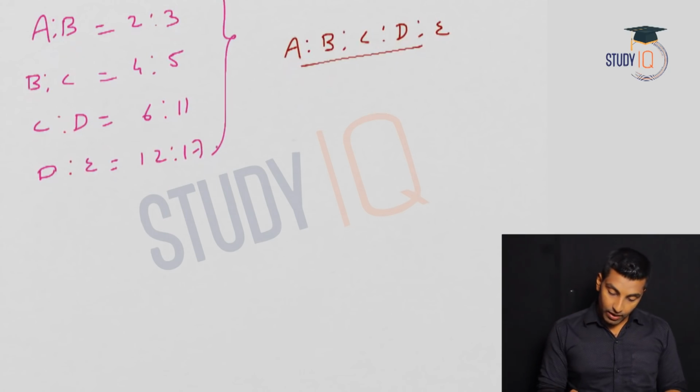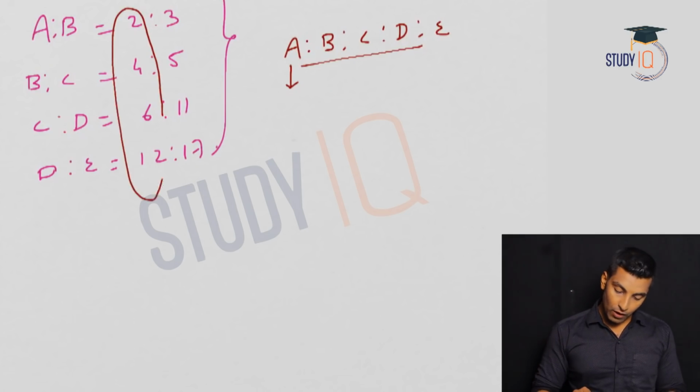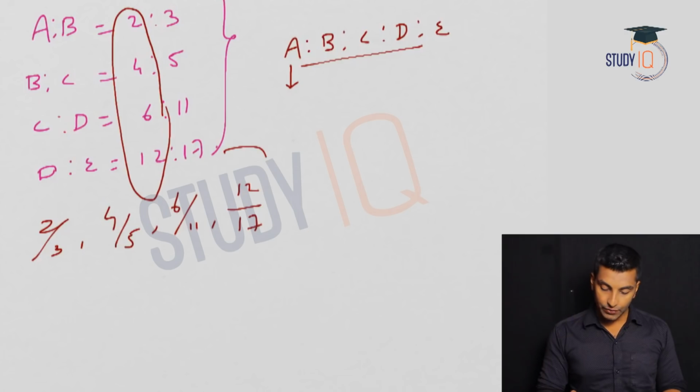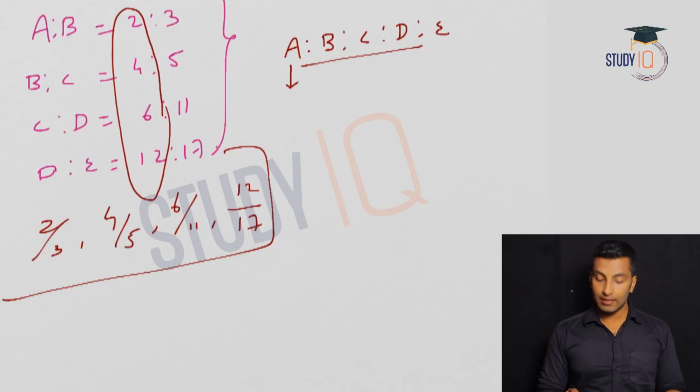This A you can write as, okay, I will generalize it later. Take the product of all the numerators. See, if you write it as fractions, it's like 2 by 3, then 4 by 5, then 6 by 11, then 12 by 17. So this is how you'll write as fractions, right? So all the numerators is what your A is.